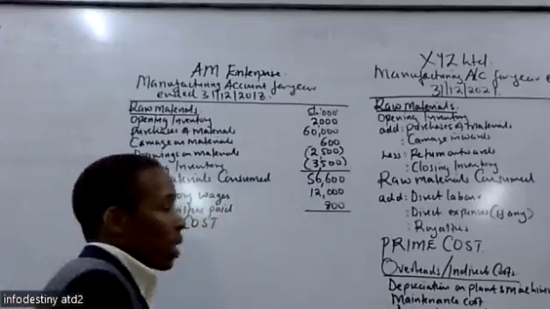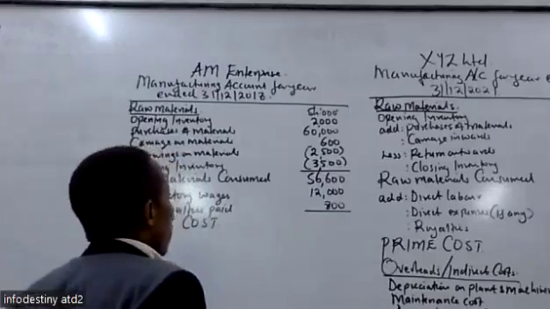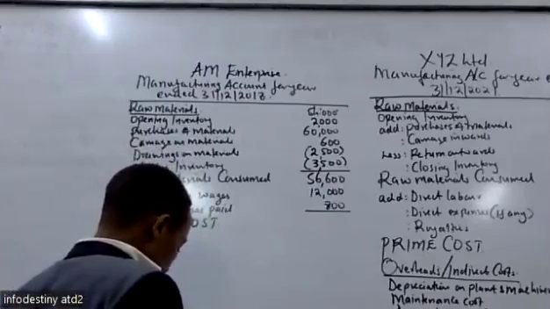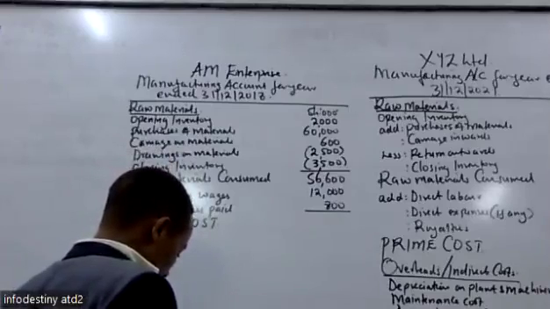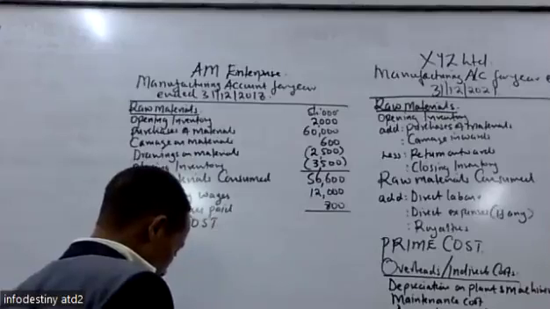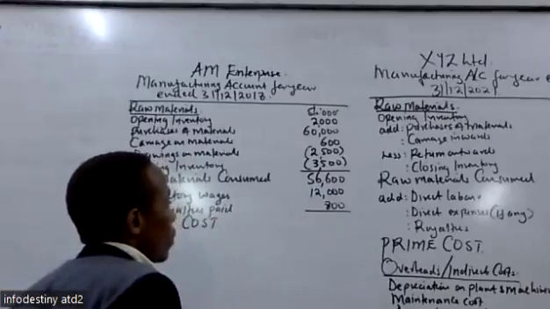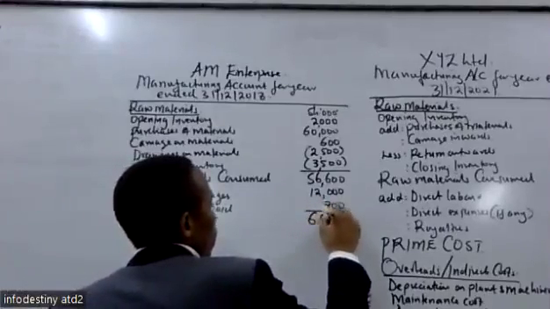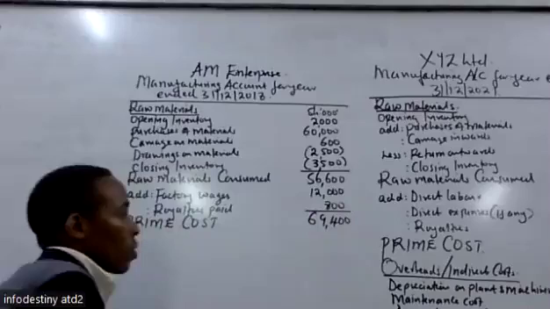This gives us an amount of 69,400. That is the prime cost.